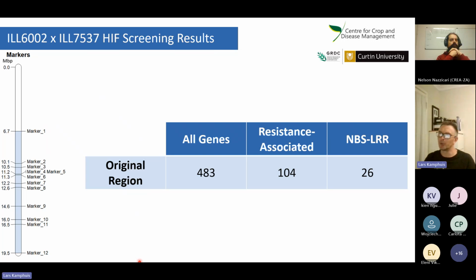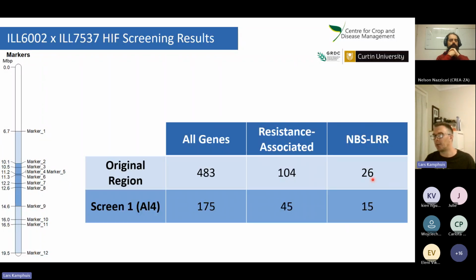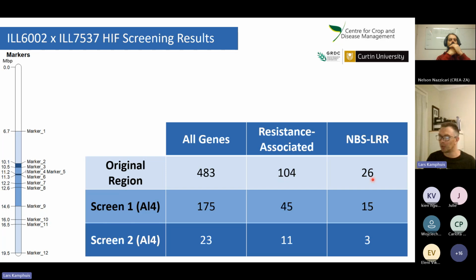So in the original gene region of interest, there were still 480 genes, of which 104 were associated with plant defense and 26 with typical NBS-LRR disease resistance genes. And then we started fine mapping to that region of interest. And we did that in 2 screens. And in the first screen, we narrowed it down to a much smaller region.